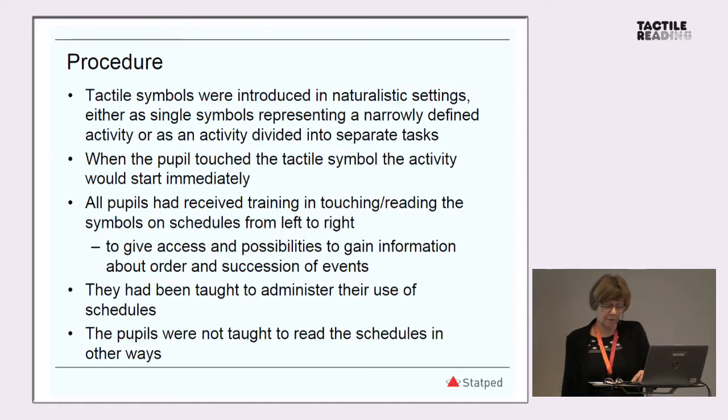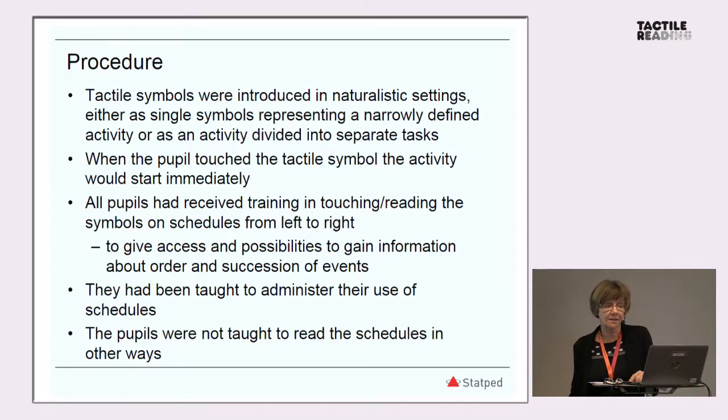All pupils used tactile symbols daily in school settings from when the intervention started. The symbols were either placed in front of the pupil as single symbols or on schedules, located at a certain place, which the pupil was aware of. All pupils had received training in touching and reading the symbols on these schedules from left to right.